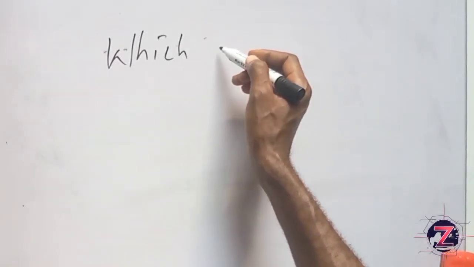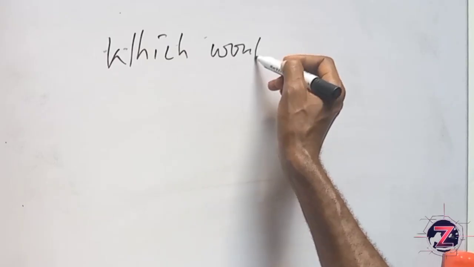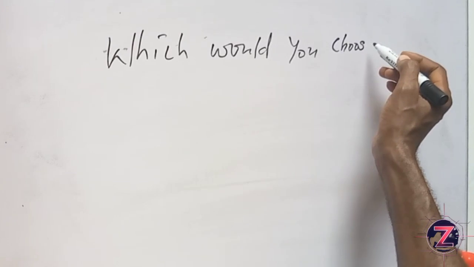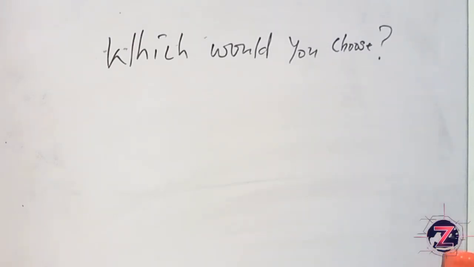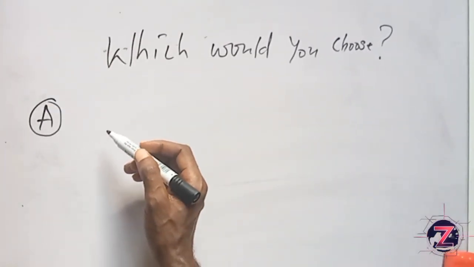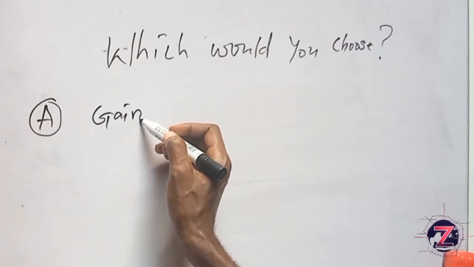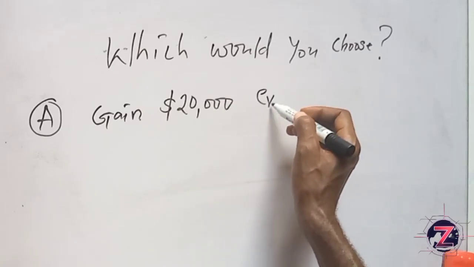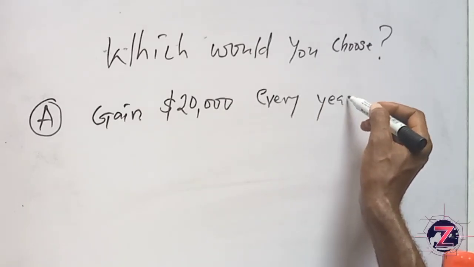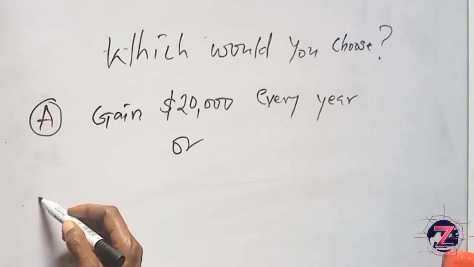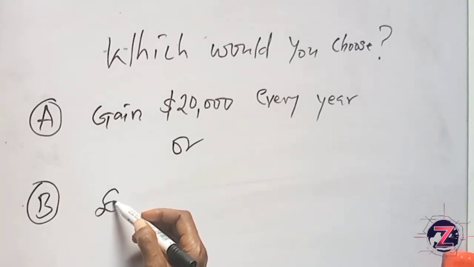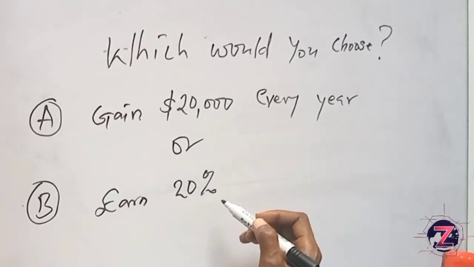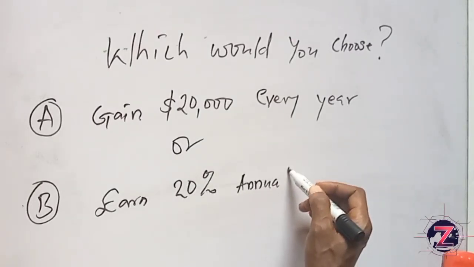Which would you choose between A, a gain of $20,000 every year, or B, earning 20% annually and reinvesting it?